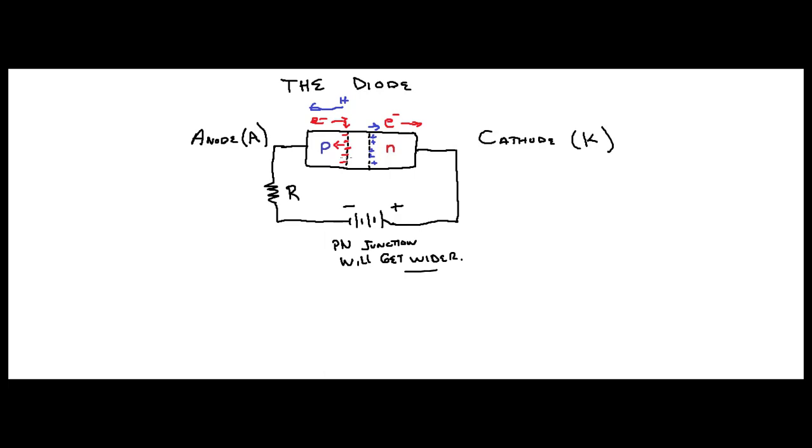Remember, the majority carriers in the N region are electrons. The majority carriers in the P region are holes. All right? The minority carriers in the N region are holes. The minority carriers in the P region are electrons. Okay? So there is a little current flowing, but there is not a significant amount.